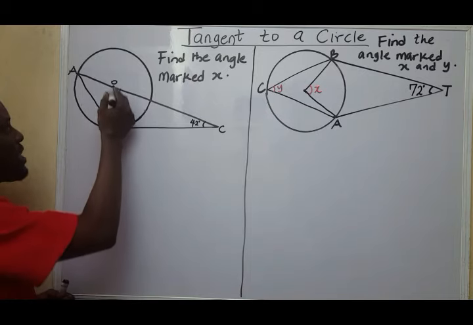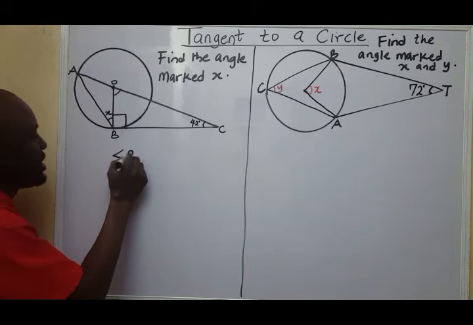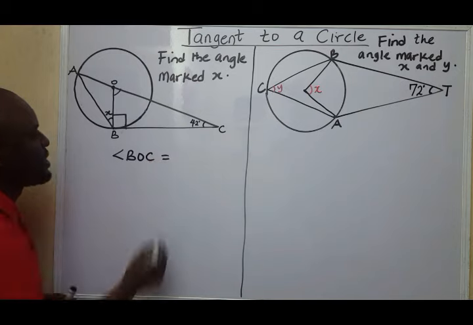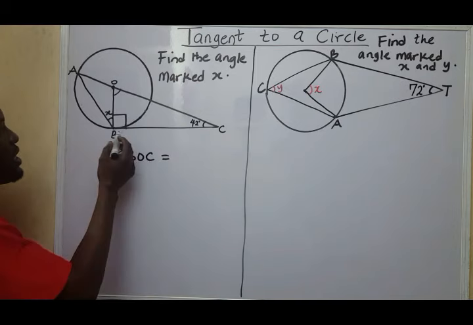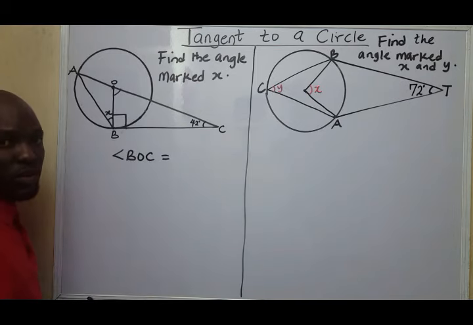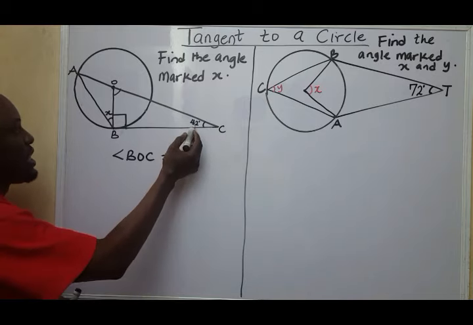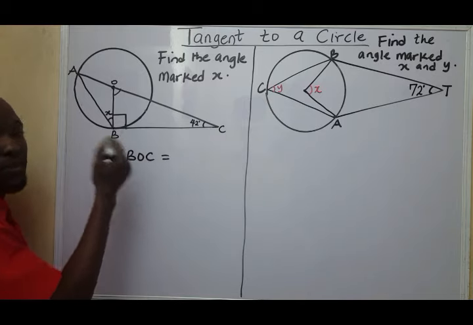Now, to find angle BOC, the sum of angles in a triangle is 180 degrees. So I'm going to add this to this and then subtract from 180.